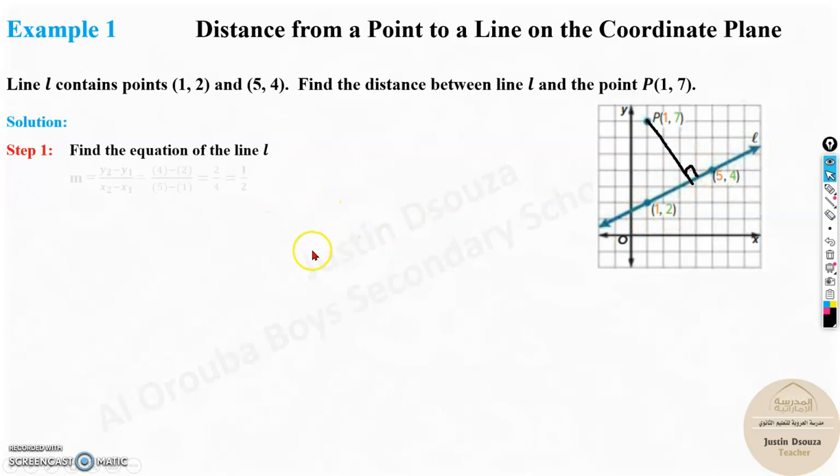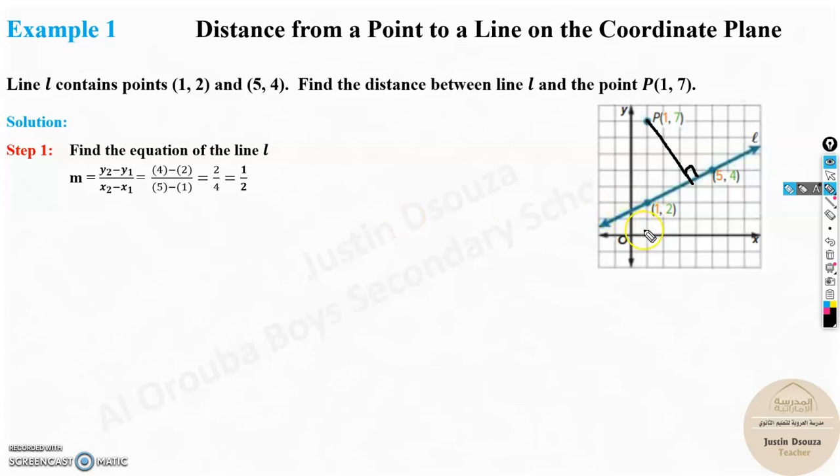We have two points, so it is easy to find the slope. We have already done these steps beforehand. So if you're coming just to this lesson, I would request you to go back to the previous lessons, be thorough, and then move on to this lesson. Now, the slope formula is y2 minus y1 divided by x2 minus x1.